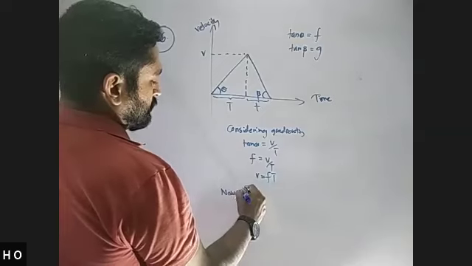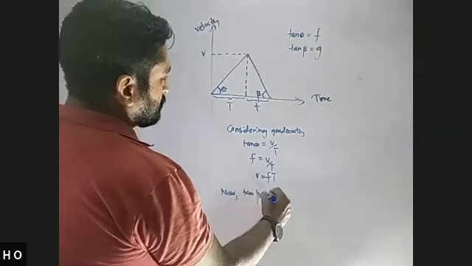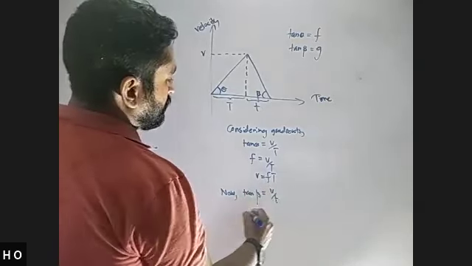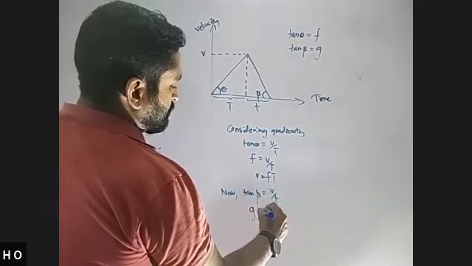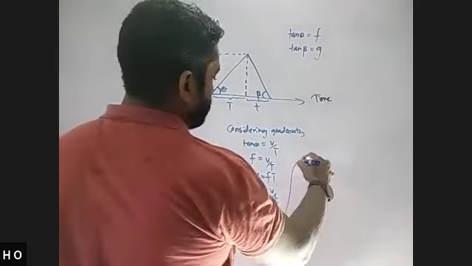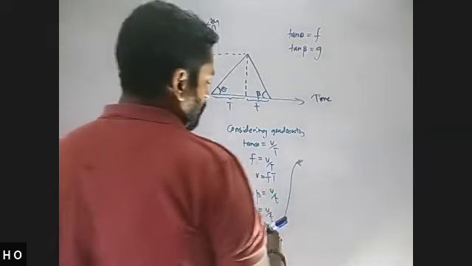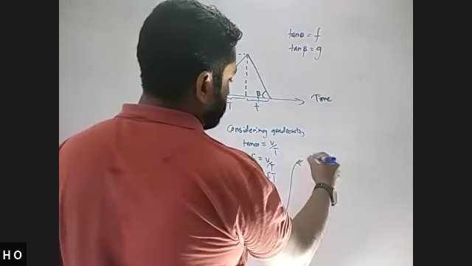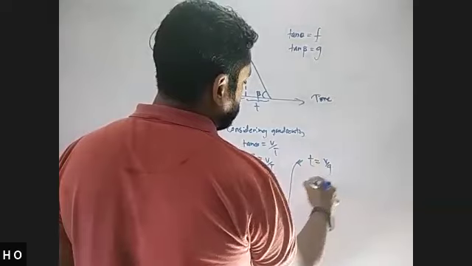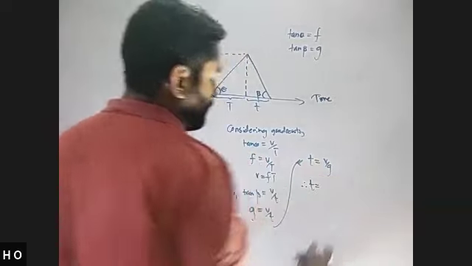Now further, tan beta is going to be v over t. What about tan beta? It is g, g equals v over t. Further, you know v, so t is v over g. Therefore, that time is needed.